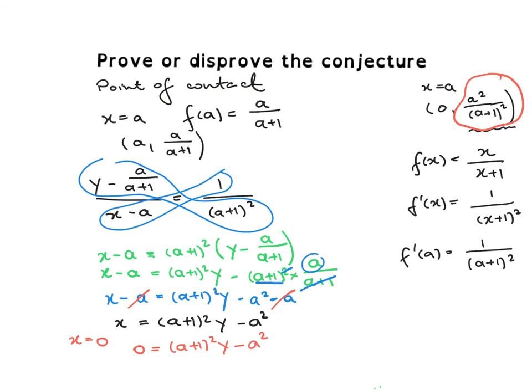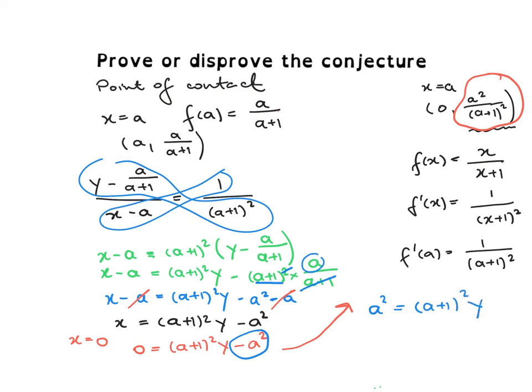Move this part to the other side, so it becomes positive: a to the power of 2 is equal to (a plus 1) to the power of 2 times y.